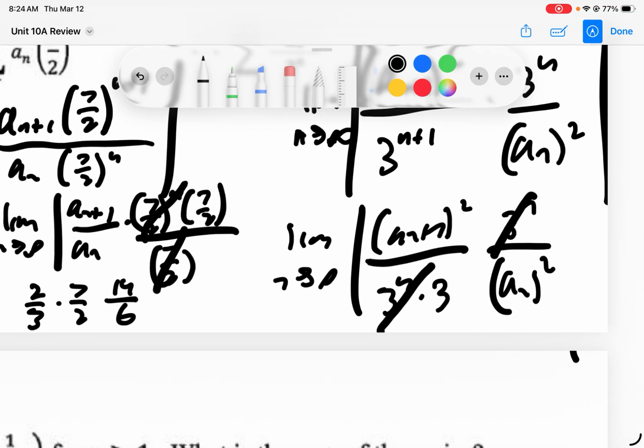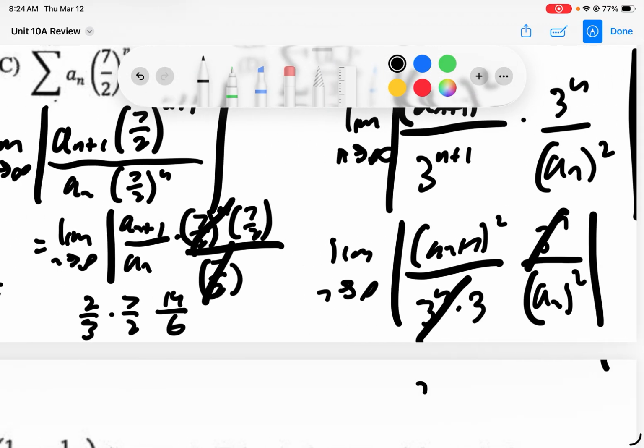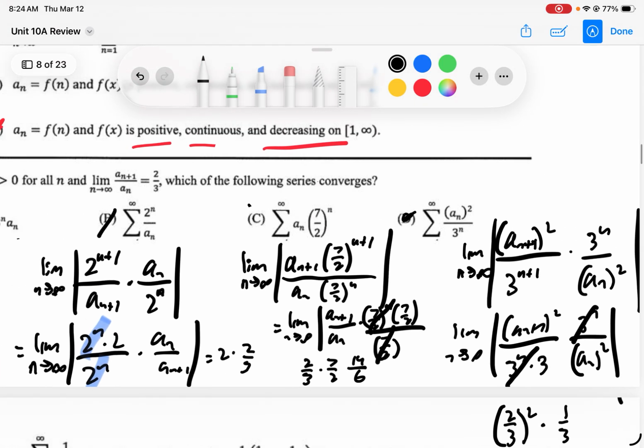That cancels. So this limit would be 2/3 squared times 1/3, which would be less than 1. So that one converges.